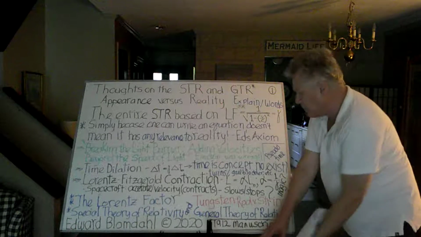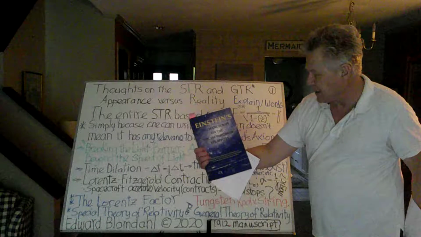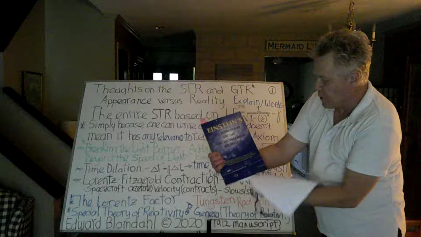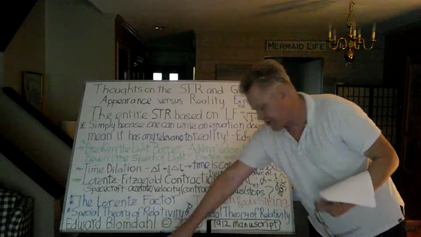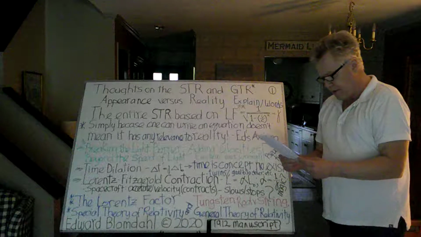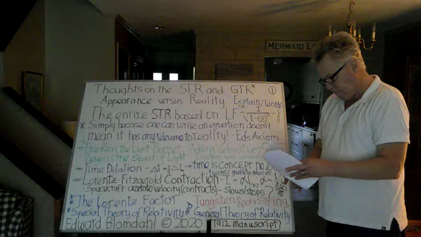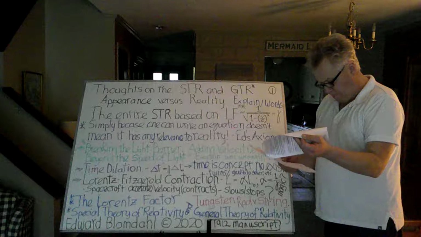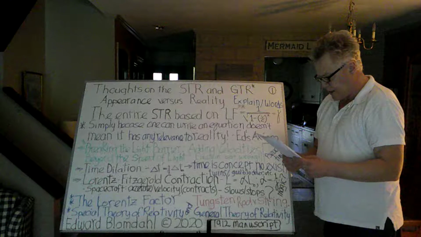In fact, you can get a copy of Einstein's 1912 manuscript on the special theory of relativity. I believe it's on page 82. Let's see if I got it here. Well, I had it written here.